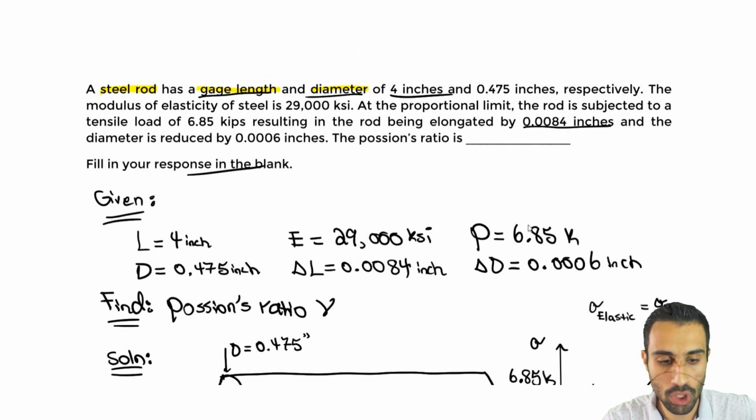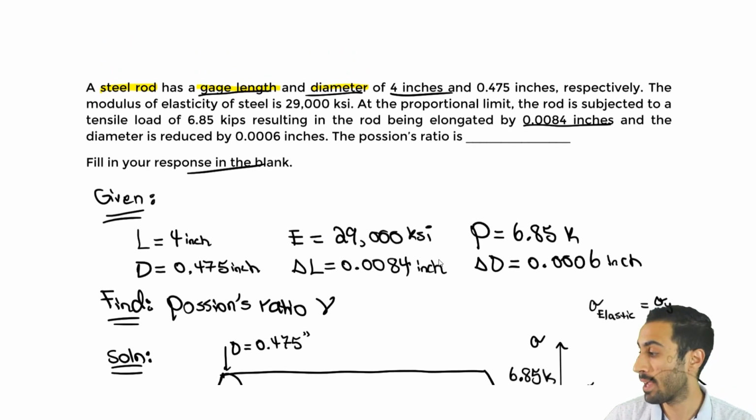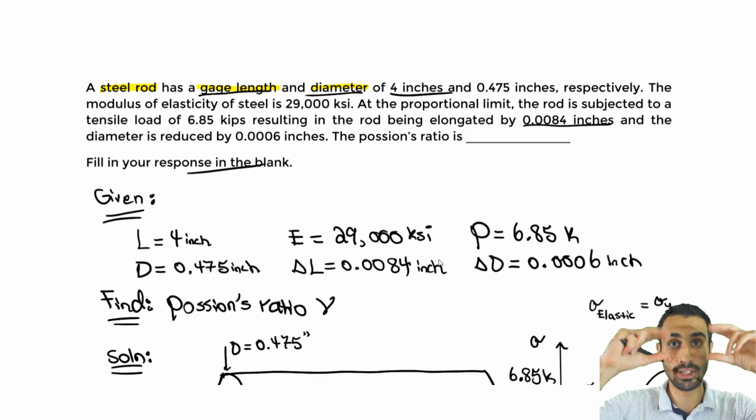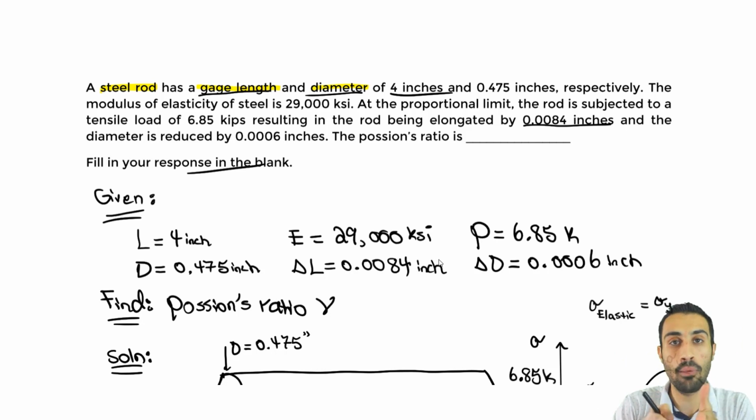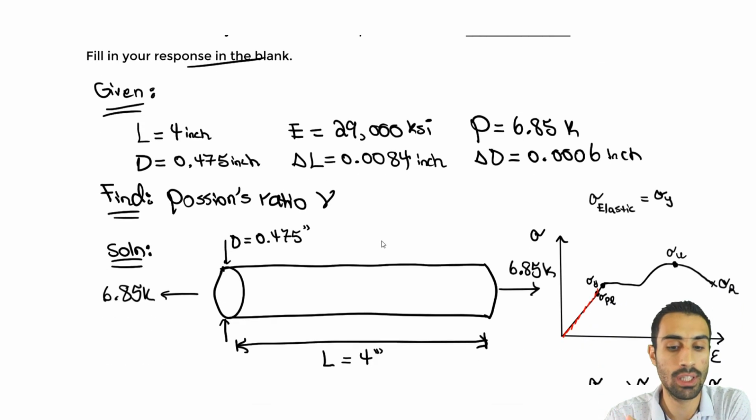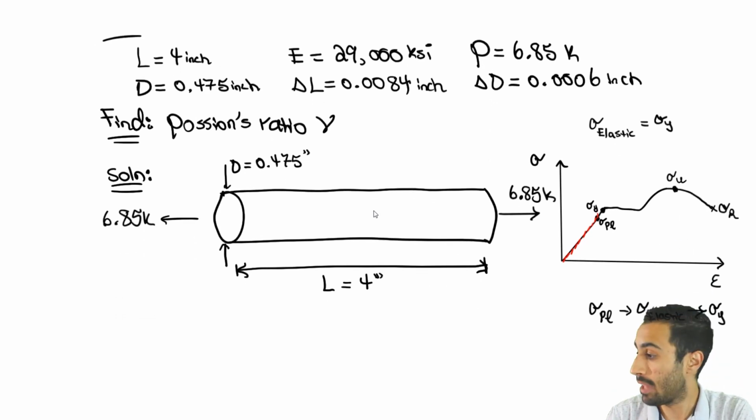Then what else? We can now denote that very important part in terms of how this thing is going to change along the lateral direction and how much it's going to elongate along the longitudinal direction. The way we can denote this is the following.